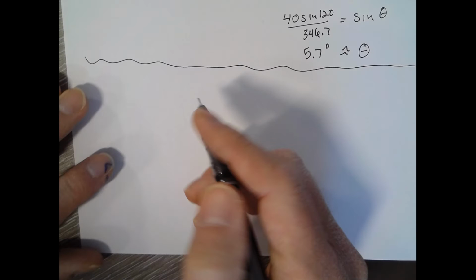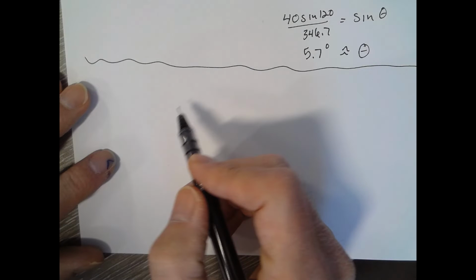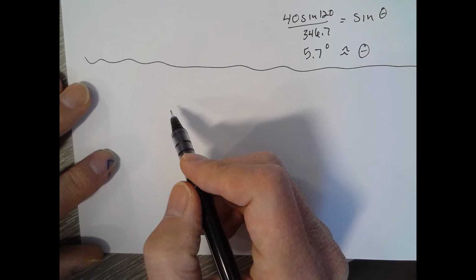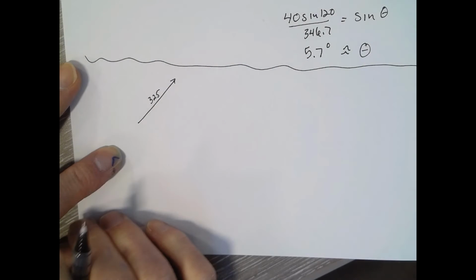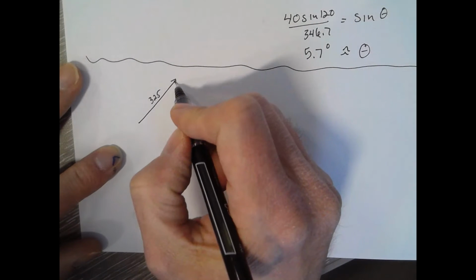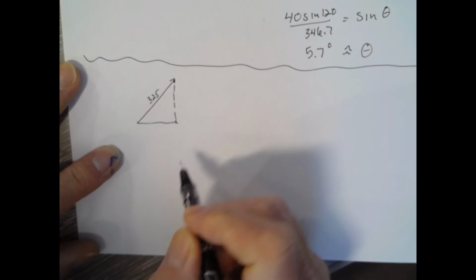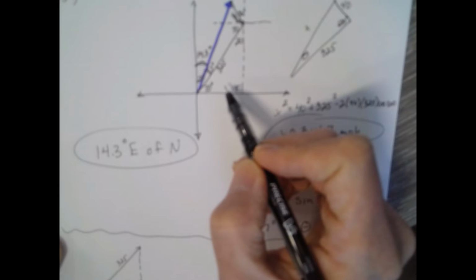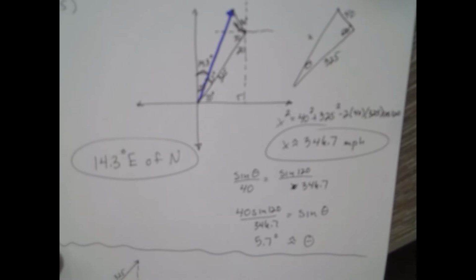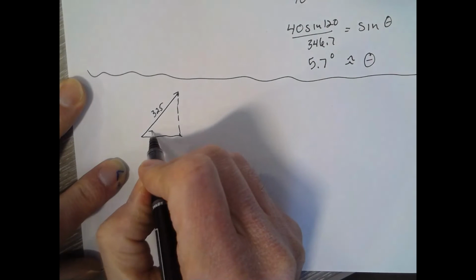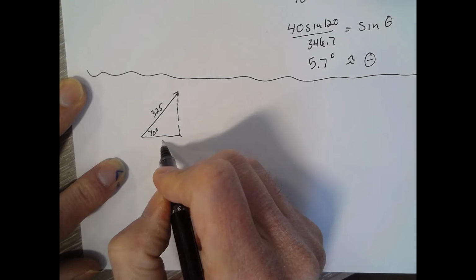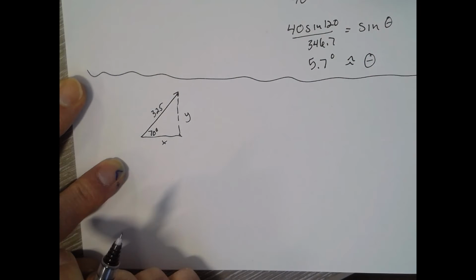Alright. Our first vector we said it's traveling at 325. That's the plane itself, and we could break that up into components. So based off our drawing, we can figure that's, very fuzzy drawing, but it's 70 degrees. Okay, so if that's 70 degrees, then I can figure out my horizontal and my vertical components.